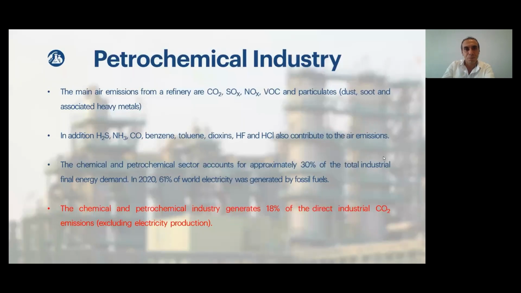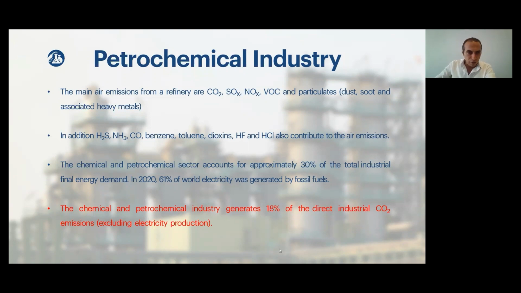I will continue. Another one is the petrochemical industry. The petrochemical industry emissions are carbon dioxide, SOx, NOx, VOCs, and some particles. And from the chemical industry, while producing those chemicals, they are releasing hydrogen sulfide, ammonia, benzene, and toluene, because these chemicals are really used in the chemical industry.